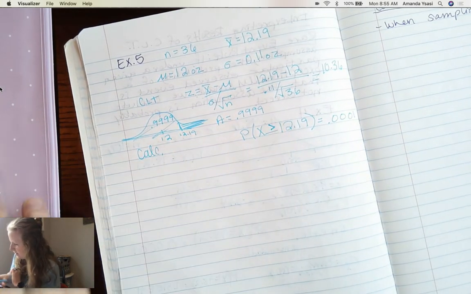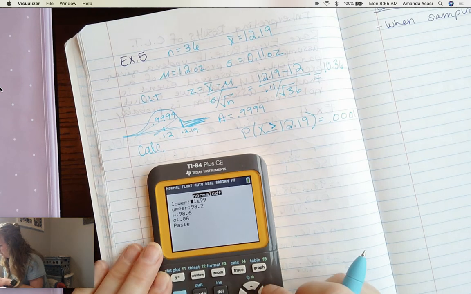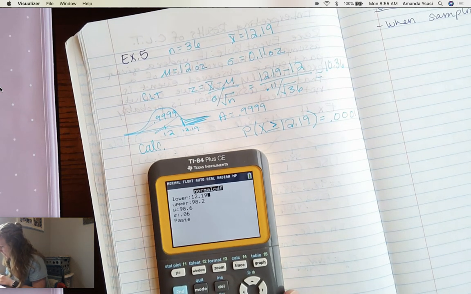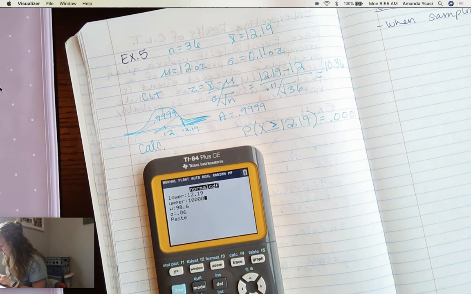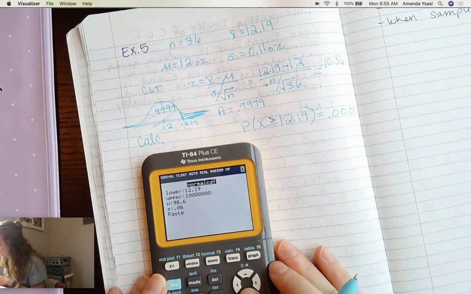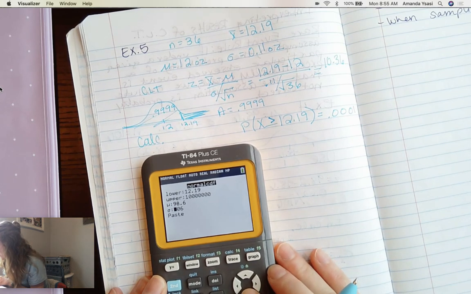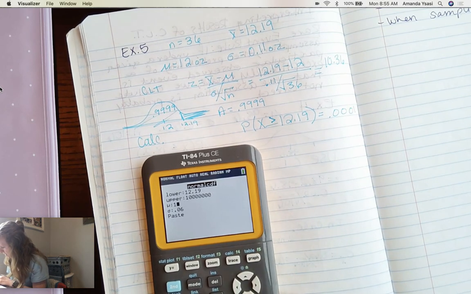So in our calculator, the lower will be 12.19. The upper is, we just put a bunch of 1s and then a bunch of zeros. And then we have 12.